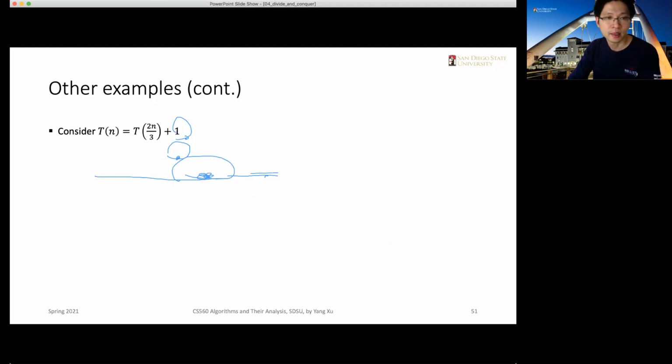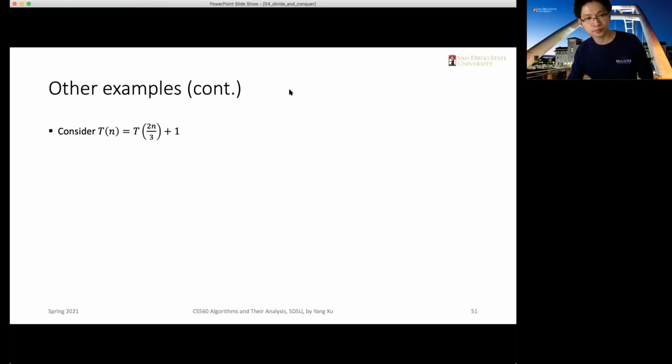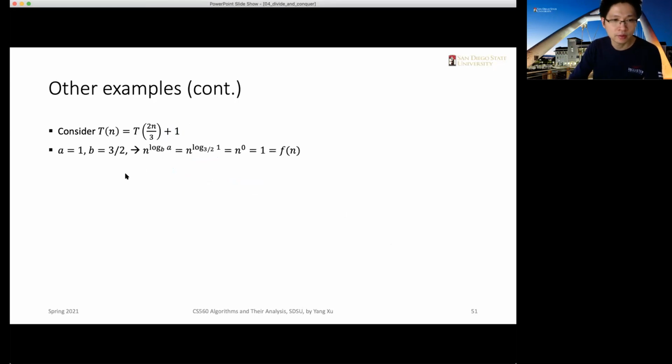Now a new example. Now a equals 1 and b is 3 over 2. If we consider this polynomial term, it's n to the power of 0, which is 1.